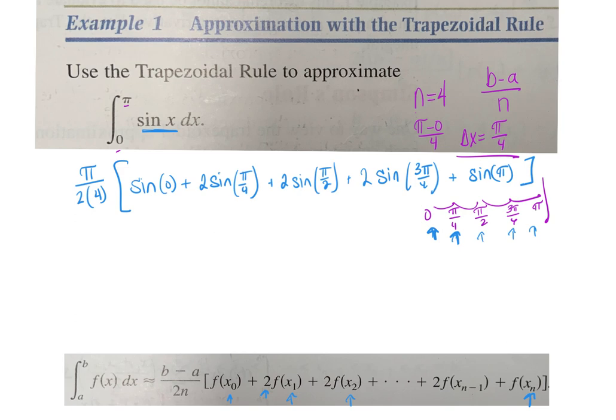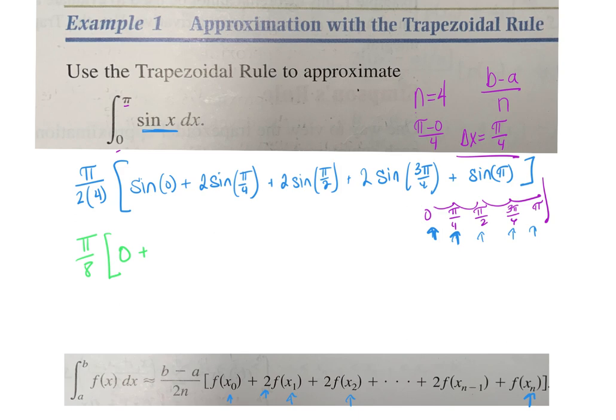All right, so far so good. And then we're just going to solve it. So this one, obviously, that's pi over 8. I'm going to simplify that. Sine of 0: what is my y value at 0 on my unit circle? It's 0, right?